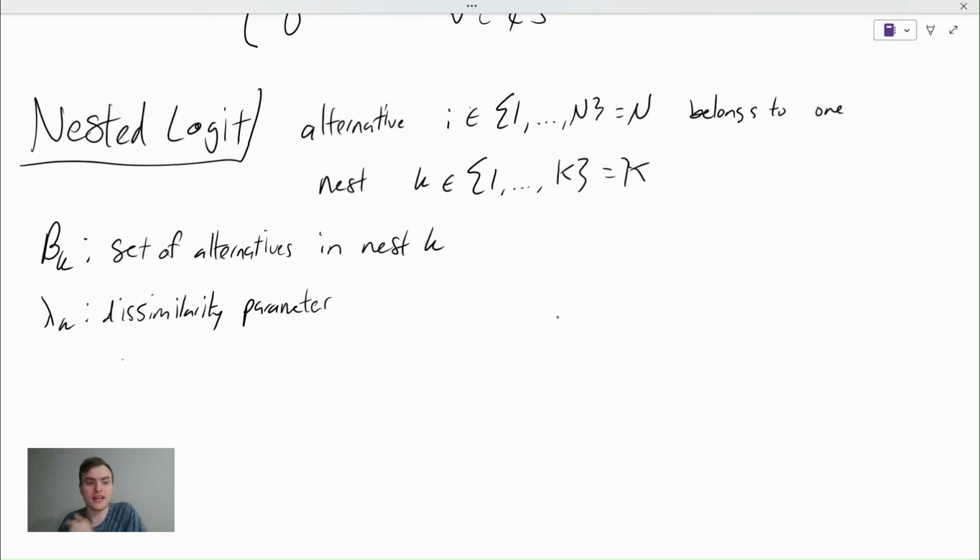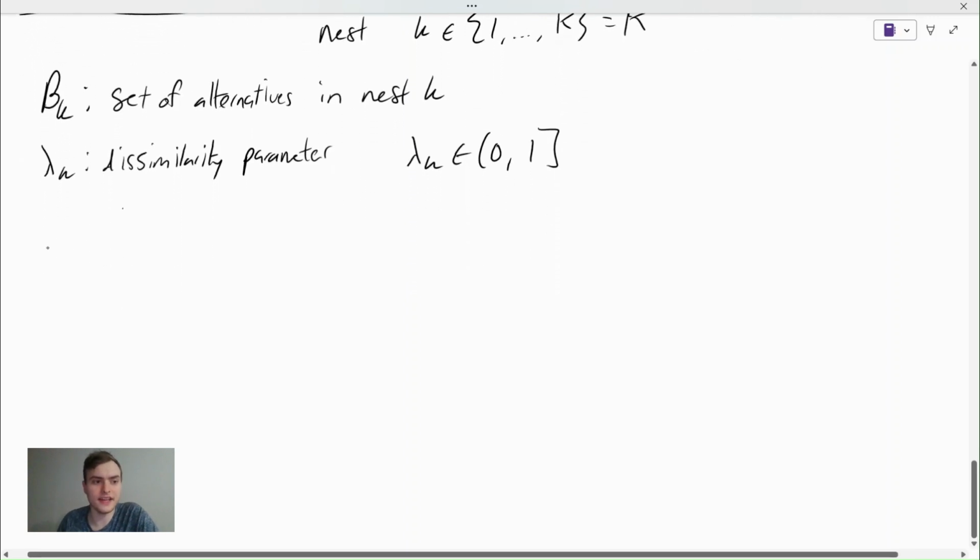If lambda K is high, that means the alternatives within the nest are very dissimilar, not similar, and they have higher probability, because they're different, right? So lambda K is a weight, and it's going to be between 0 and 1.